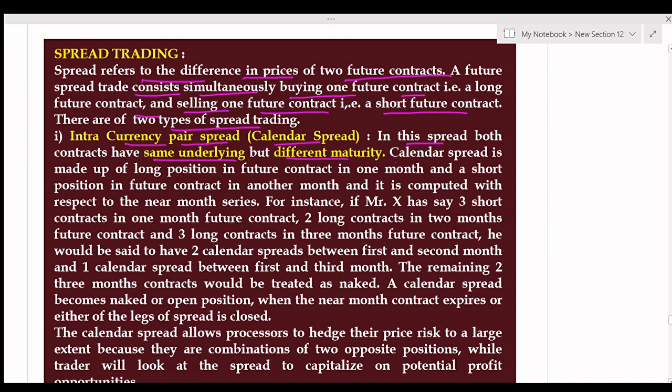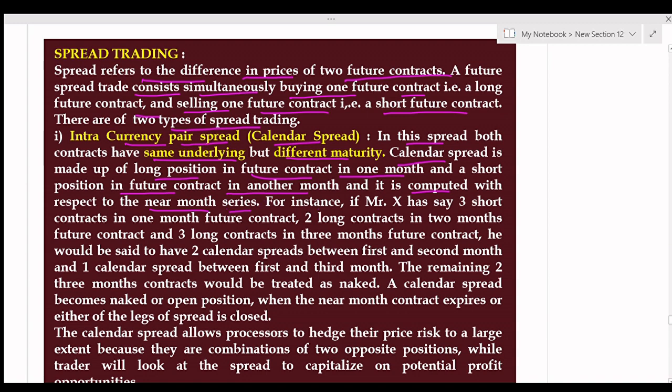A calendar spread is made up of a long position in a future contract in one month and a short position in a future contract in another month. It is computed with respect to the near month series.